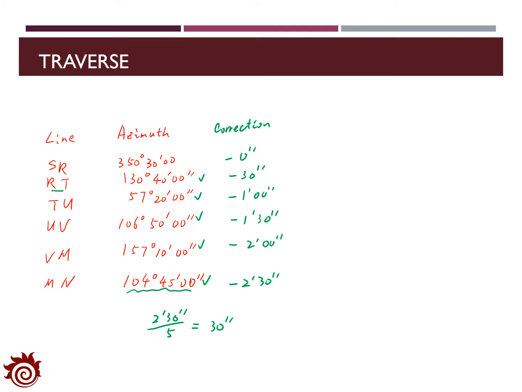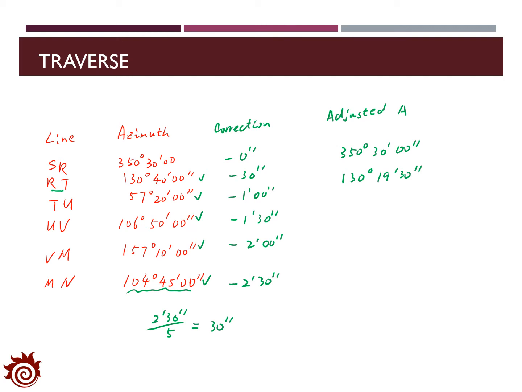And then we can calculate the adjusted azimuths. For SR, we don't need to do any change, which is 350 degrees, 30 minutes, 0 seconds. For the second one, RT, we use the estimated value plus the correction, which will give you the value as 130 degrees, 19 minutes and 30 seconds.